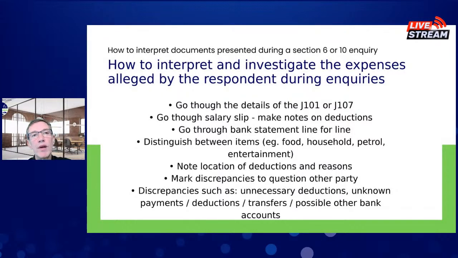So go through the J101 or the J107 form, if he asks for a reduction, for example, and then he would submit all his details, his banking statements, his income, and his expenditure. He would submit to court and you go through that line by line and scrutinize that. I also found that if you have a J101 or J107 form and the amounts on there are fixed amounts, it's 500 Rand for this, it's 200 Rand for that, not well thought through, then that might raise a red flag to say, but you know what, this is all thumbsuck figures.